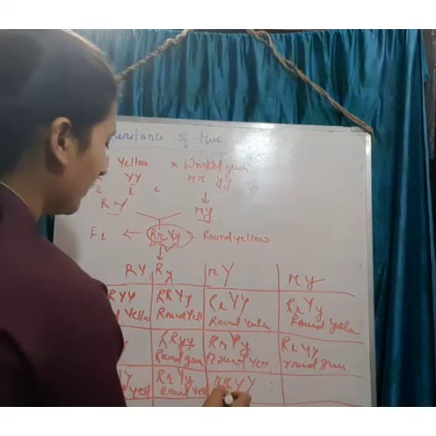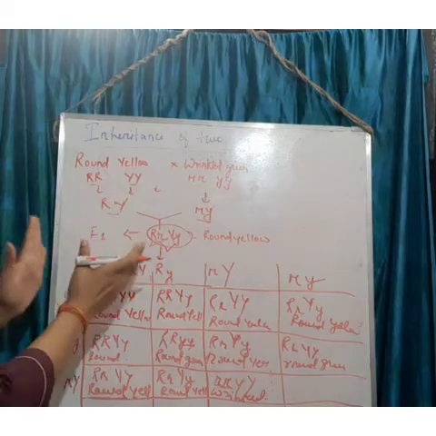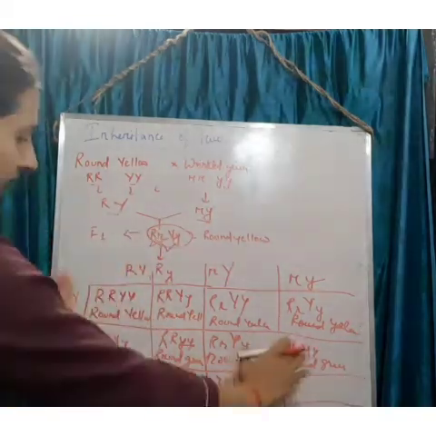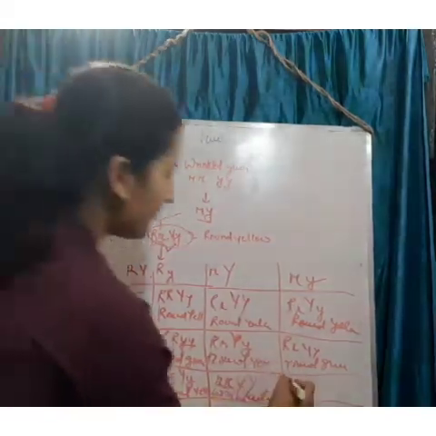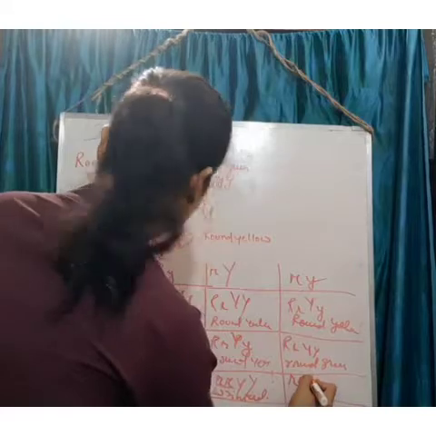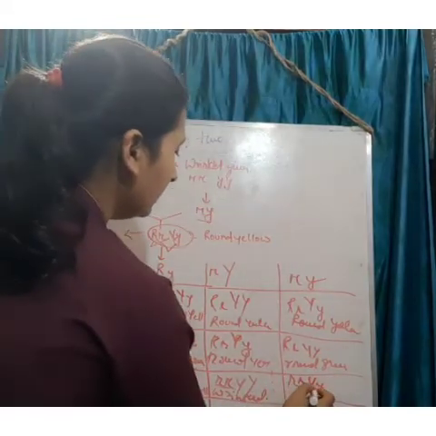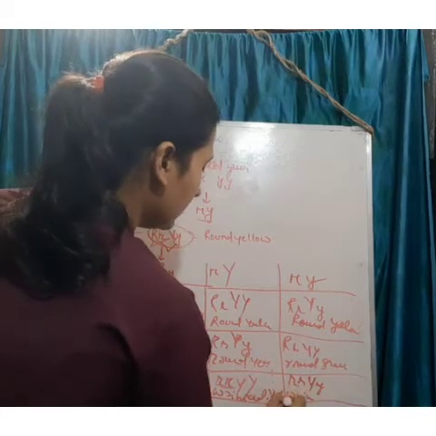So this will be your wrinkled yellow. See what we saw here, that dominant characters came together, right? But here when the selfing is done, you see the variation. So we will discuss this. Let us see what else comes in the result. So this will be your wrinkled yellow.